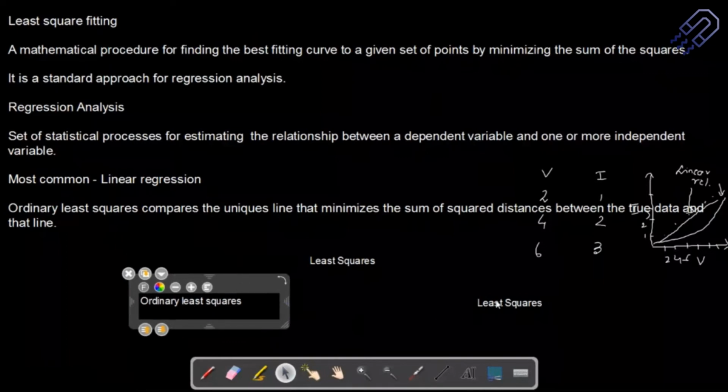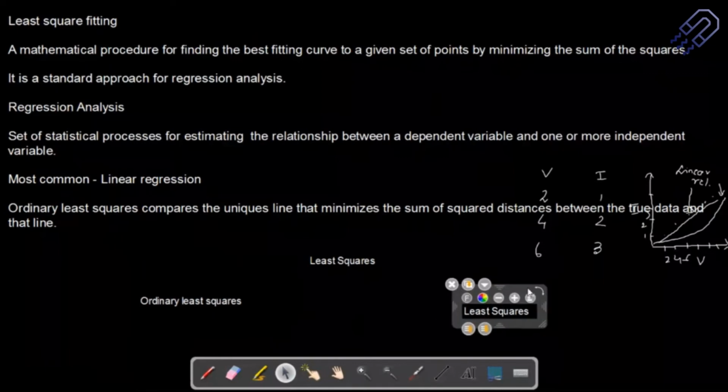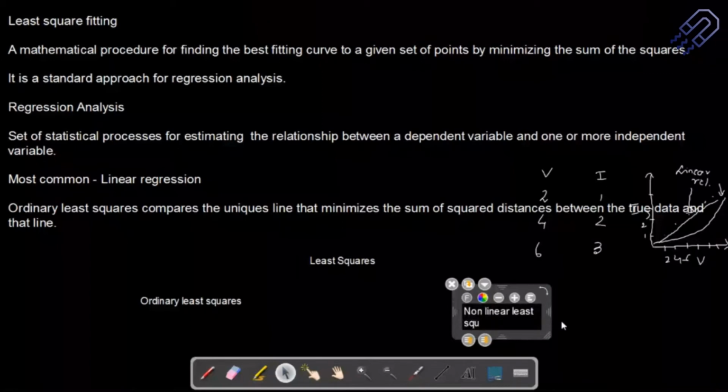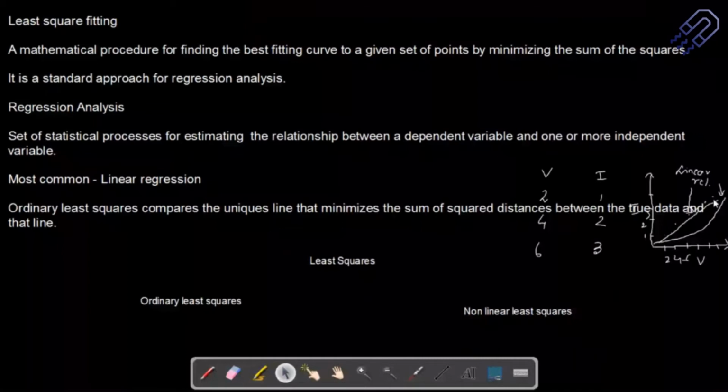If there is any kind of technical problem, if you can't see the screen or something, just let me know. Ordinary least square and non-linear least squares. There are two kinds of fitting. So if you look at this curve for a diode, it's a non-linear least square. And if you look at this, which is for a conductor, let's say, that's ordinary least square. So these are the two types of least square fitting.